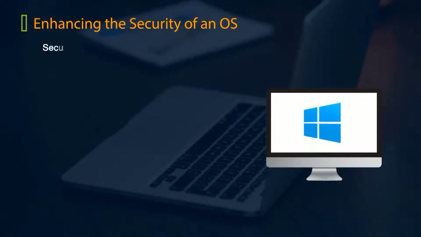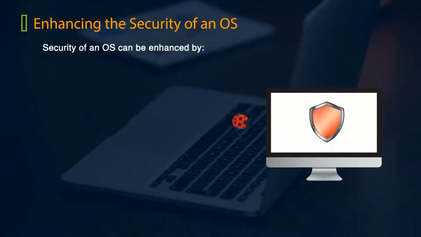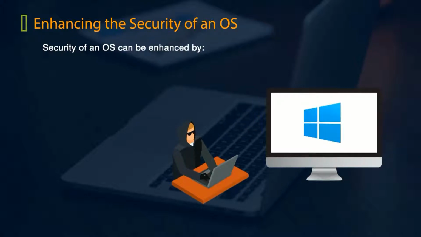Since the OS is a critical part of the computer, you must ensure the security of the OS at all costs. The criticality of the OS makes it more vulnerable to security threats such as viruses, malware, and hacking. Hence, the OS security against such threats becomes mandatory. You must take adequate measures to secure the OS from cyber attacks to access data on your device and stop unauthorized interference.